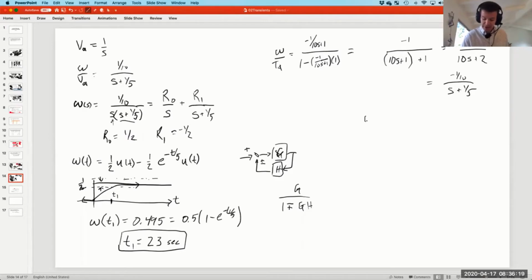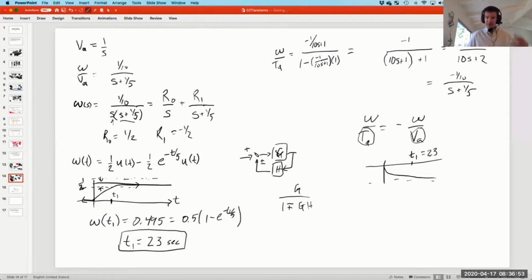We just showed that the omega to T sub d transfer function is the negative of the VA to omega transfer function, which means that if these two are the same signal, i.e. a unit step, then this picture is going to be the flip of the picture I drew on the left, which means T1 here is going to be the same as it was over there.